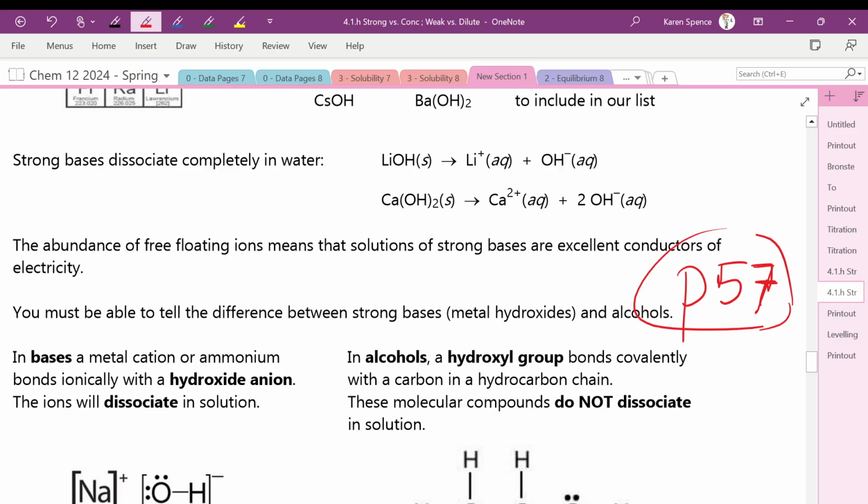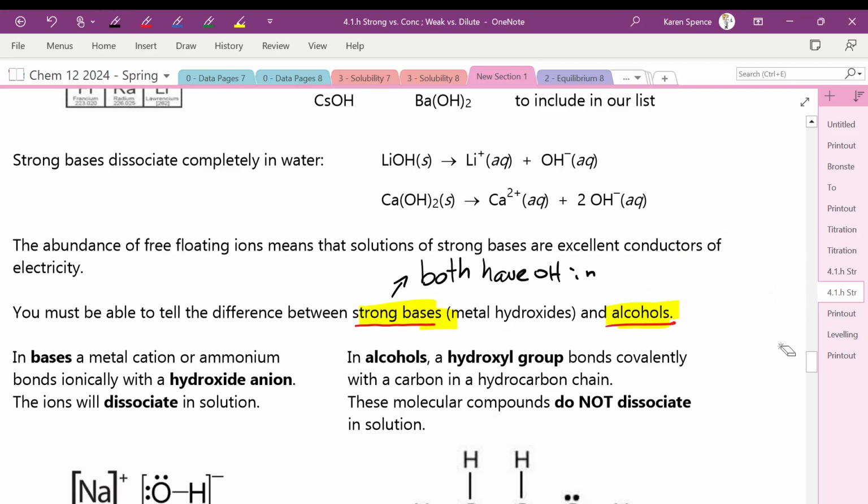And this has to do with being able to recognize if something is a base or if it is an alcohol, because both bases and alcohols have OH in the formula.